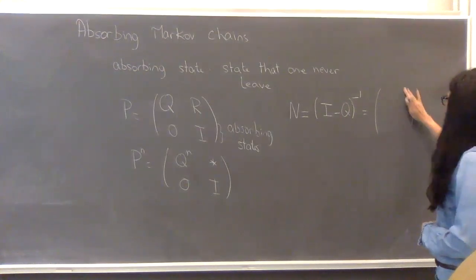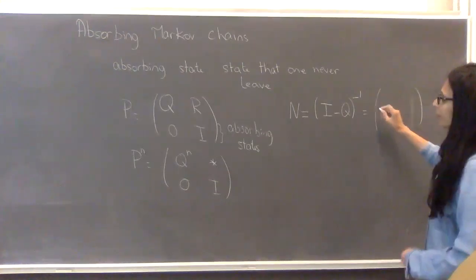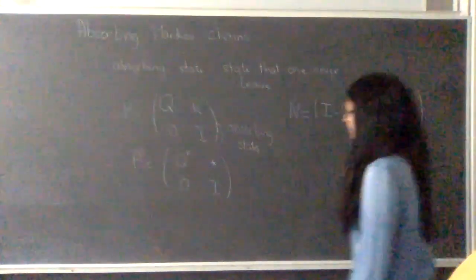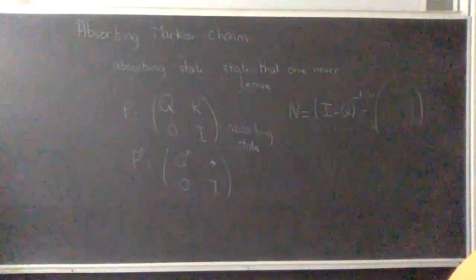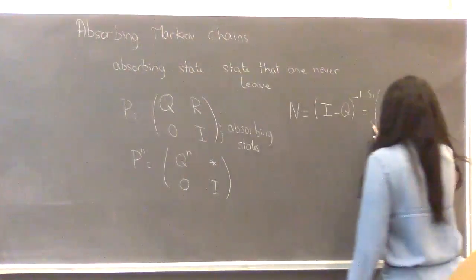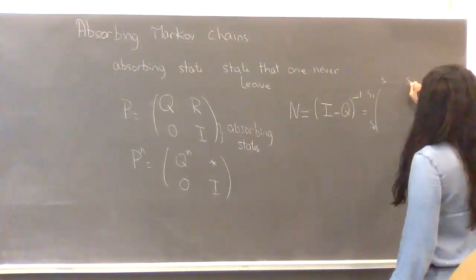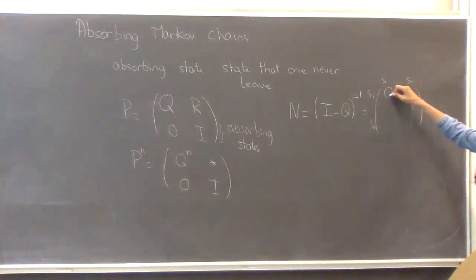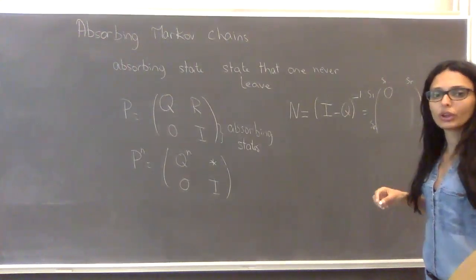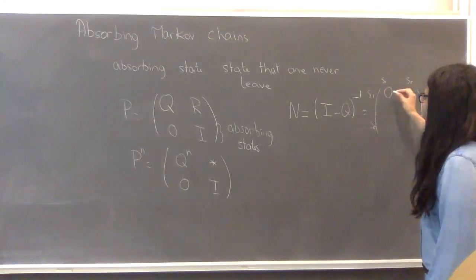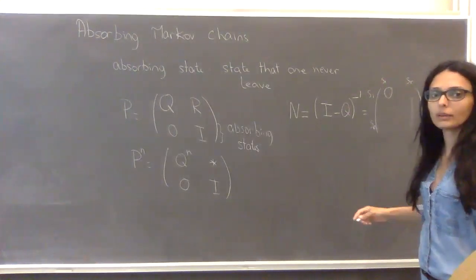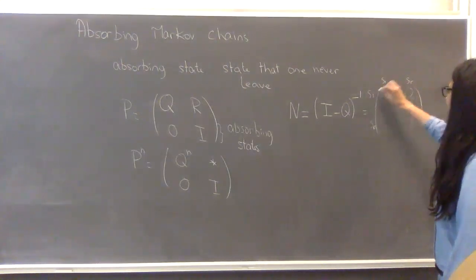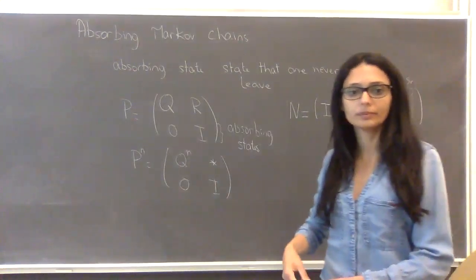It's a square matrix, with states S1 to SR. If I take a number here, I get the expected number of moves before being absorbed, starting from S1, passing through the other states and finally being absorbed.